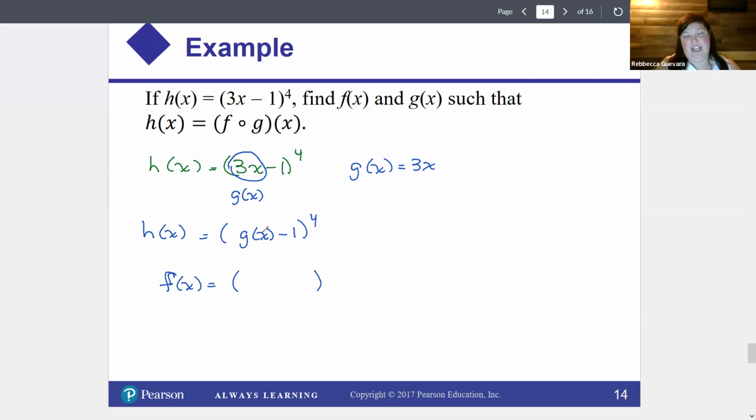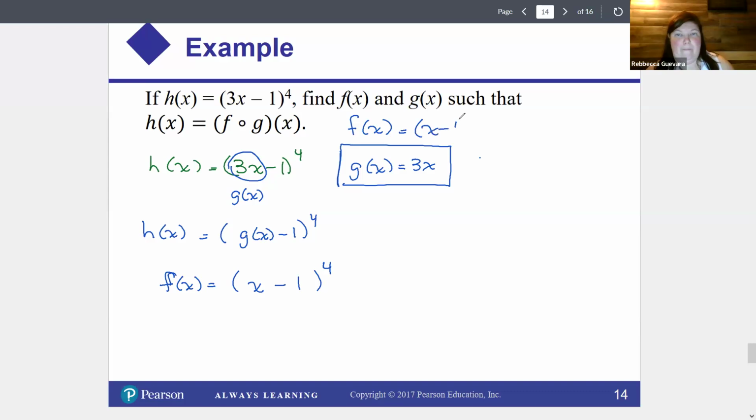All we have to do is just take out the g and replace it with an x. So another possible way that we could write this is that f, if we're doing f composed with g, f is going to be (x minus 1) to the power 4, and g is just 3x.